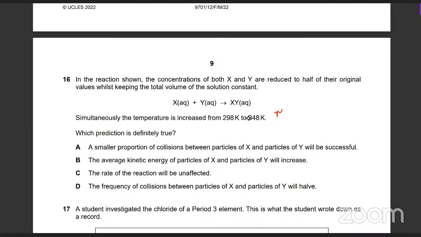So he reduces concentration. At the same time, he increases temperature. Did he say that the reaction speeds up or slows down?